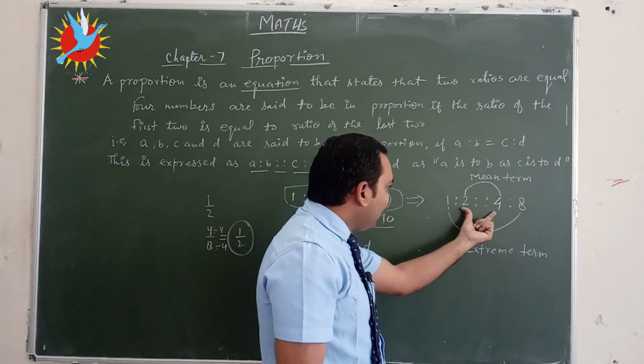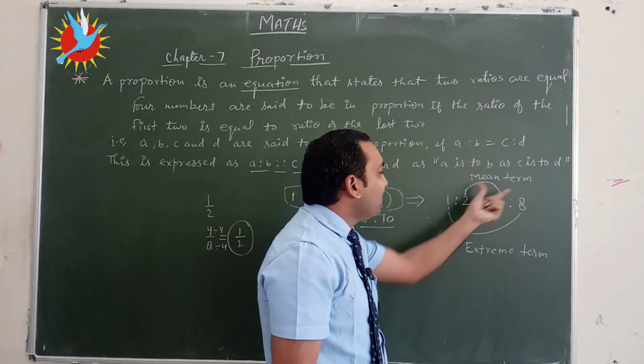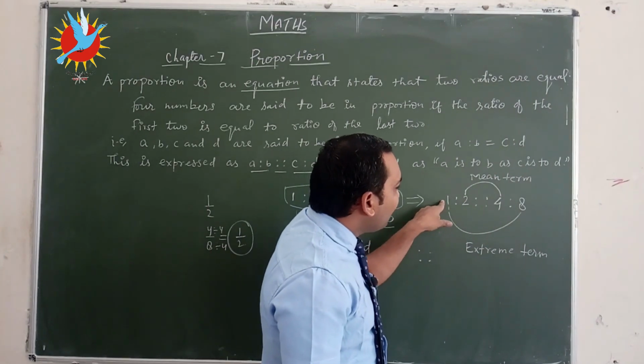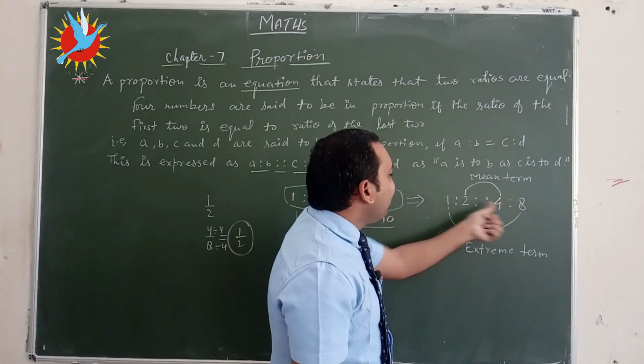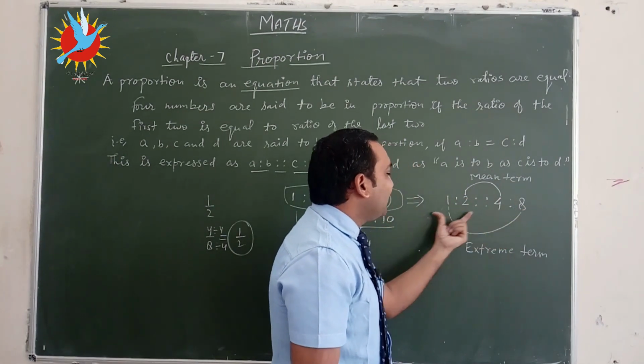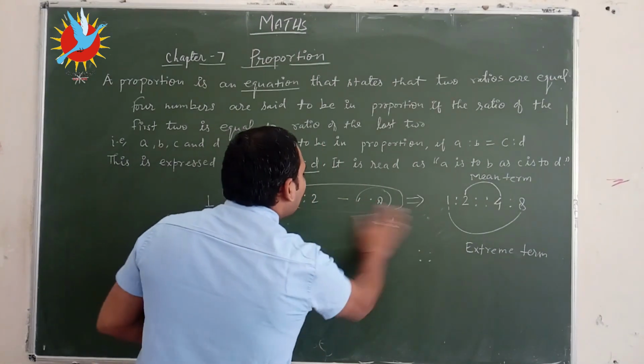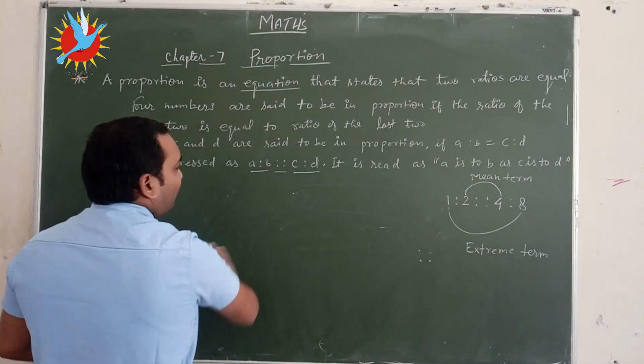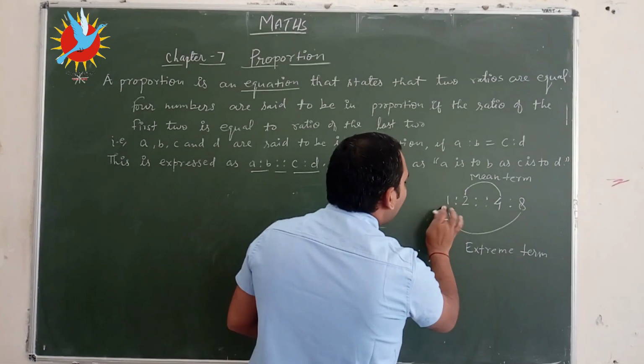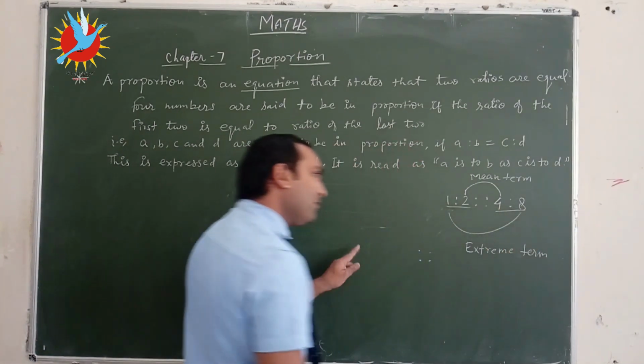The middle two terms are called the mean terms, and the two outer terms are called the extreme terms. When the two ratios are equal, then it is a proportion.